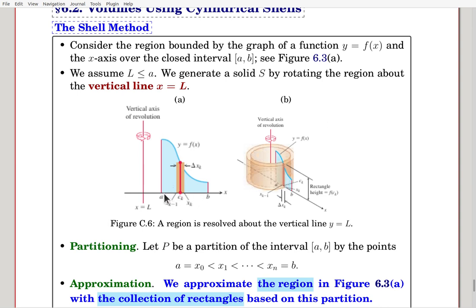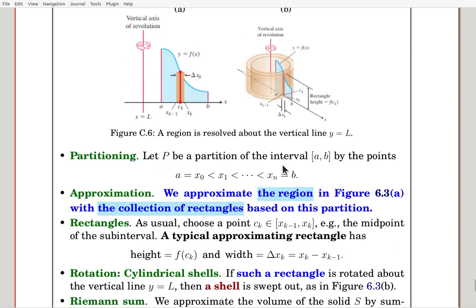For each subinterval, we make a rectangular region. Then this rectangular region is rotated so that each one makes a shell, and this shell volume is added, and that will make a Riemann sum.